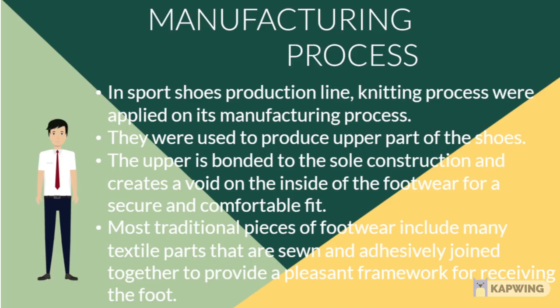And for the manufacturing process, they use a knitting process, right, which is the upper part of the shoes, which is bonded to the sole construction and creates a void on the inside of the footwear for a secure and comfortable fit.